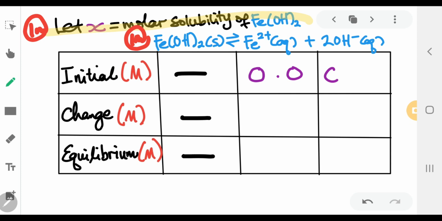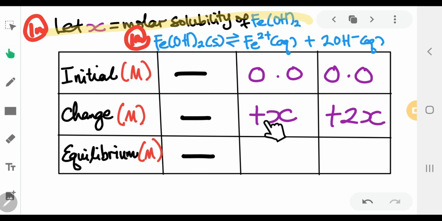Initially, we don't have this being made yet, so that one would be 0. And the change is plus x, plus 2x: 1 mole plus x, 2 mole plus 2x. Thus, at equilibrium, the concentration of Fe2+ is x, according to the ICE table.